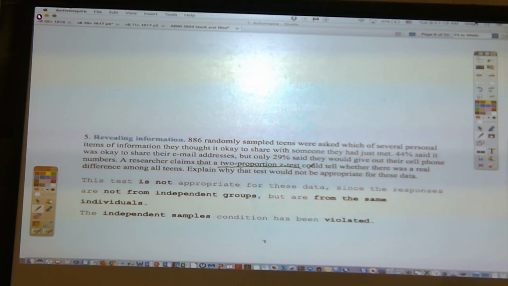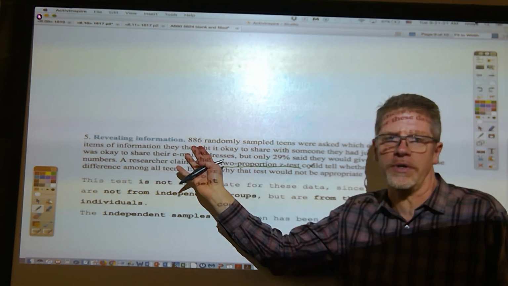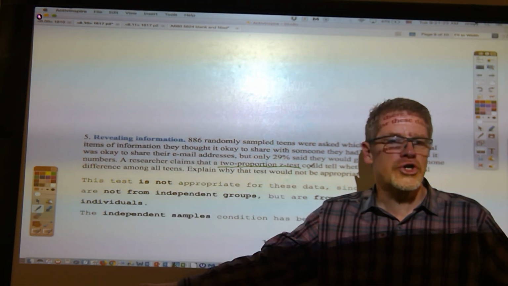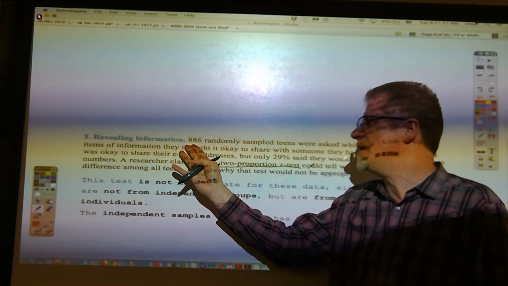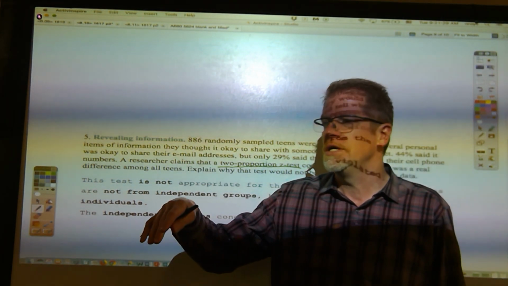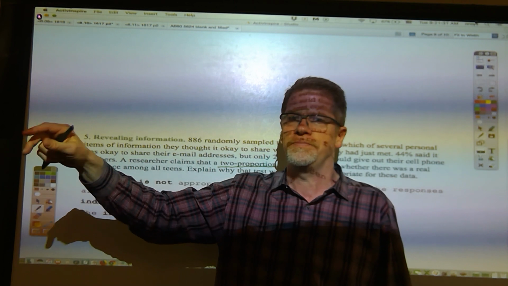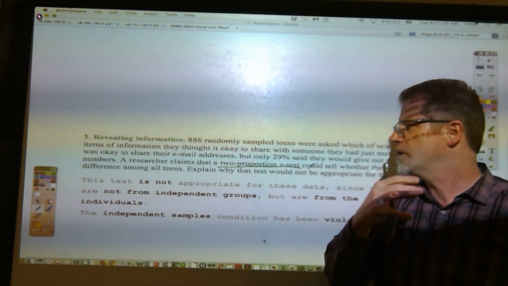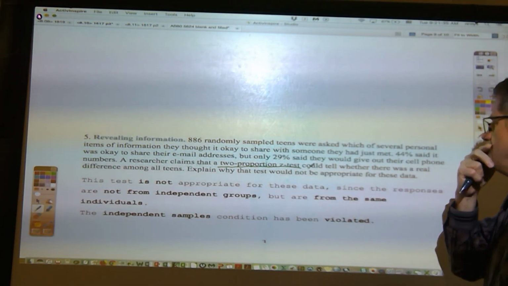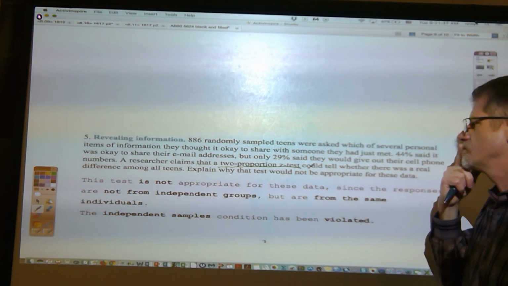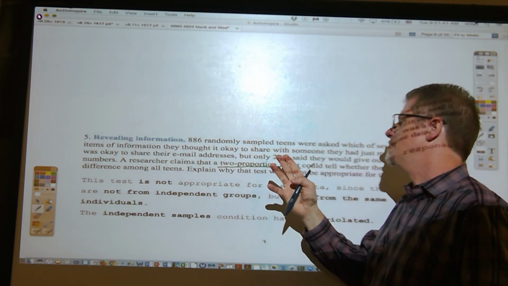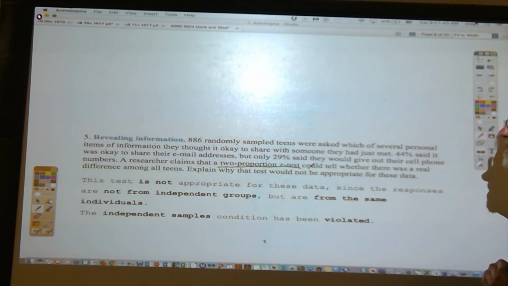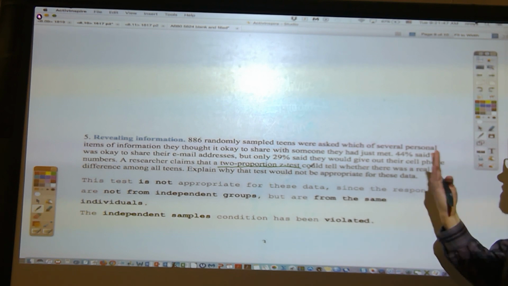You can't take one sample and get two p-hats, like p-hat 1, p-hat 2, out of the same 886 people. No, you take 886 people for the question about email addresses, and then take a different sample for the question about cell phone numbers, and then subtract.